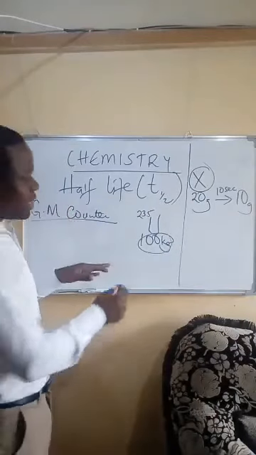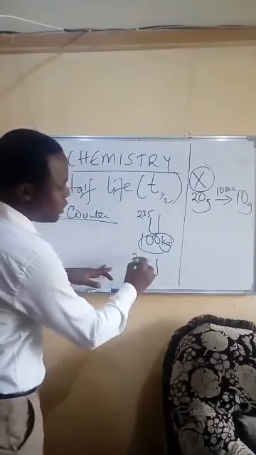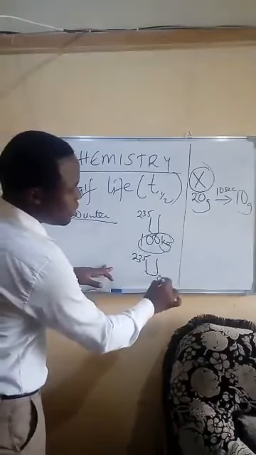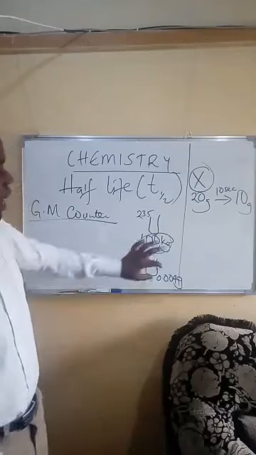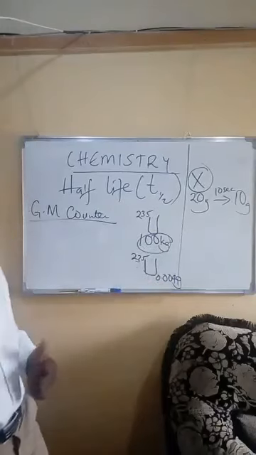If, on the other hand, you had the same uranium-235, but you only have 0.04 grams, of course the number of atoms decaying per unit time is very small.